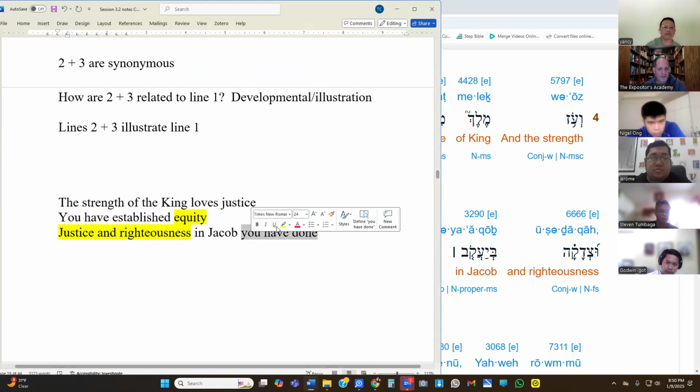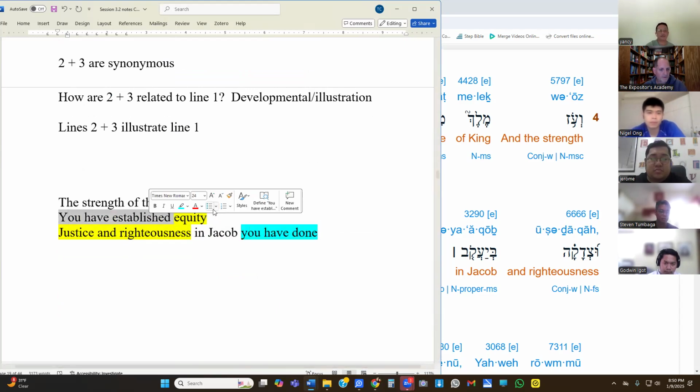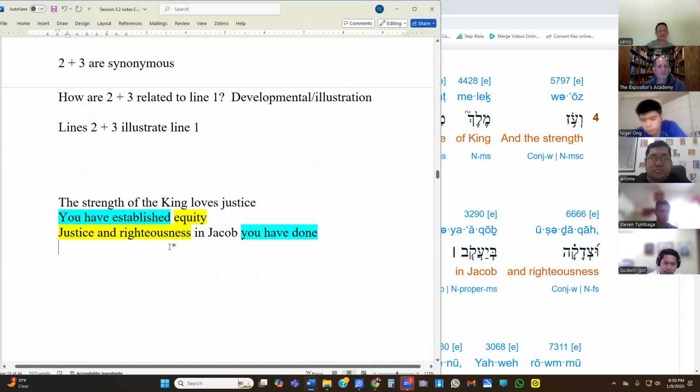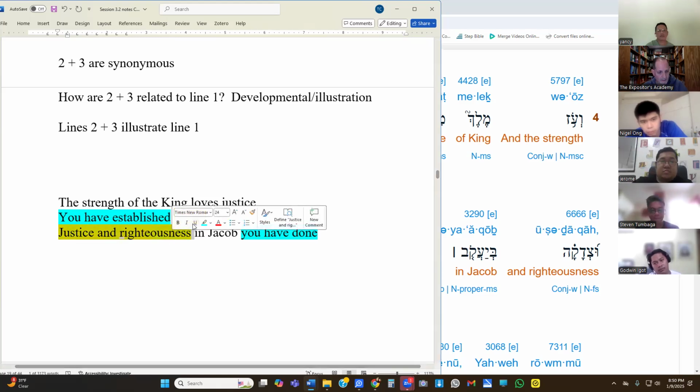So notice you have done, you have established. In Jacob, just a little addition there, but that's okay. But notice equity, the object of the verb established, is at the end of the first line and at the beginning of the second line.